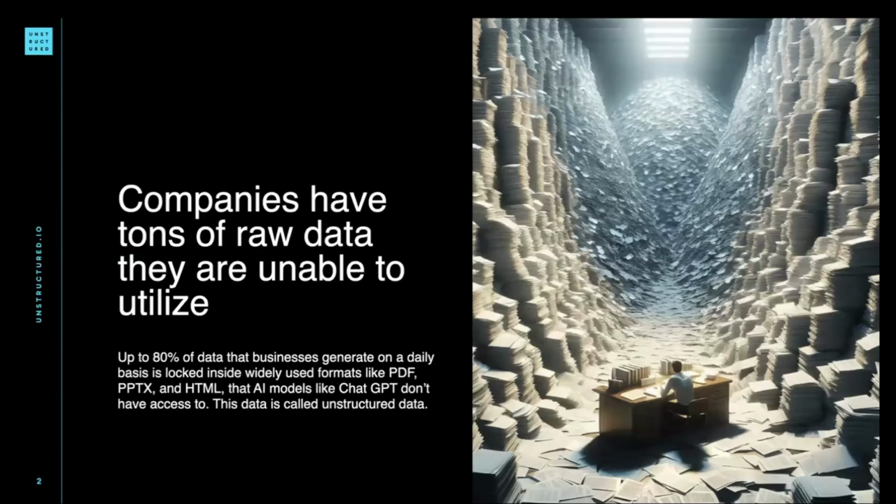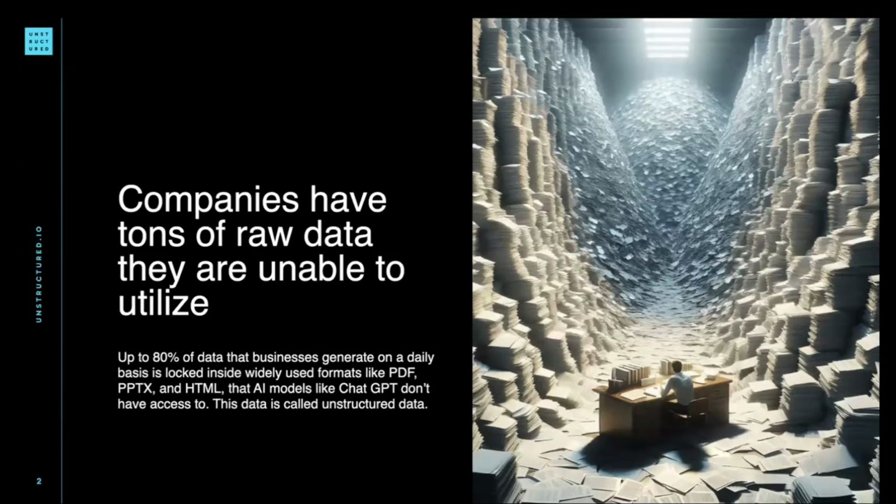So about 80% of data generated over the course of business is unstructured. So think about maybe an insurance company with tons of contracts, policies and PDFs. And then if you have a software company, you typically have issues in Jira or GitHub.